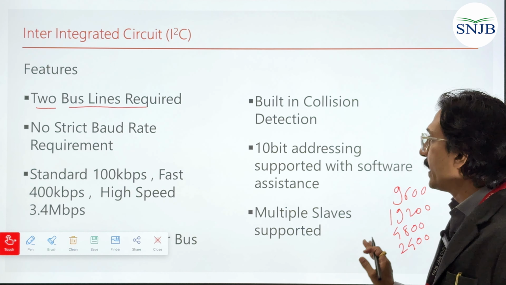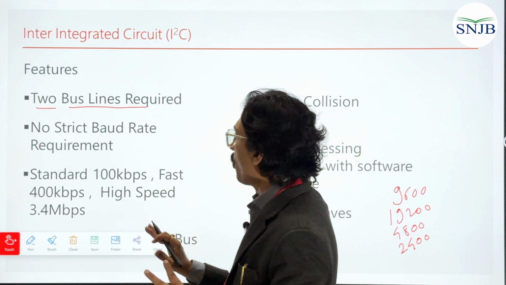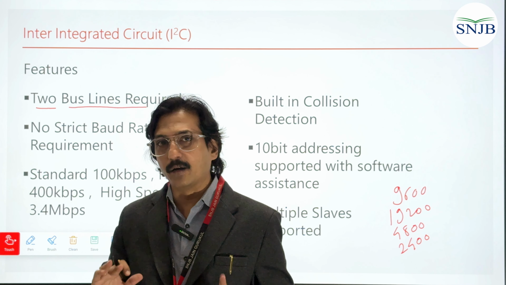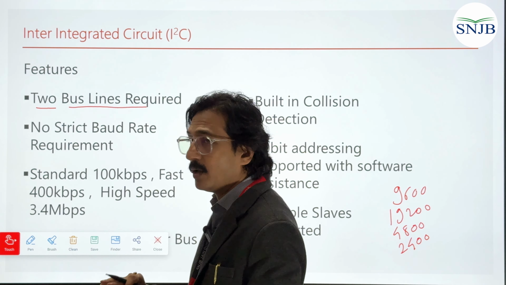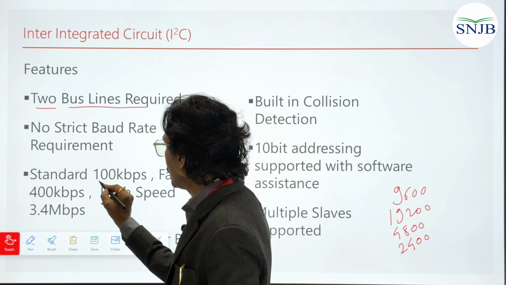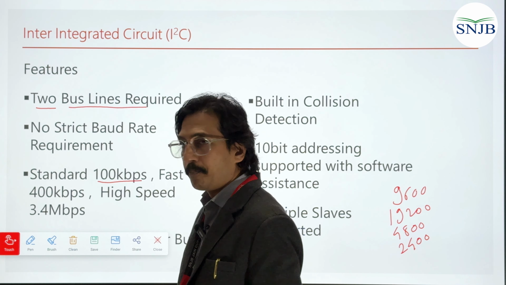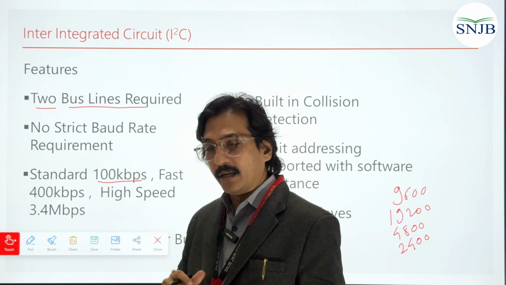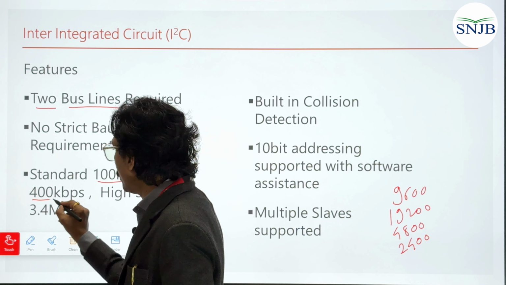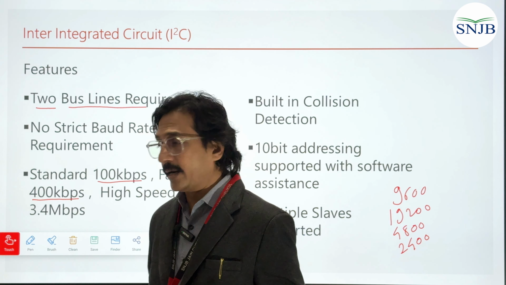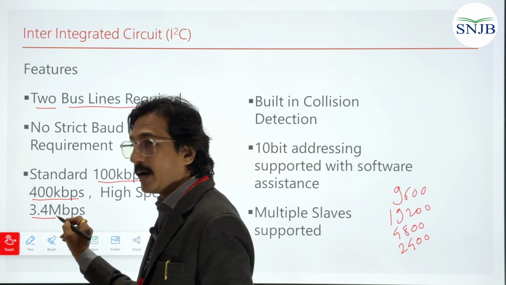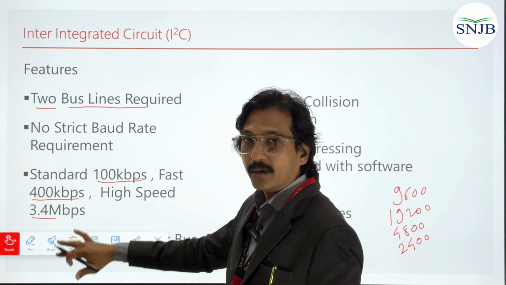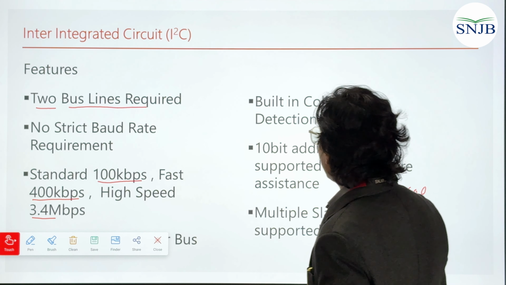These are standard baud rates, but no strict baud rate requirement is there in I2C. It has a variety of baud rates: 100 kilobits per second in the standard range, in the fast range 400 kilobits per second, in the high speed range 3.4 megabits per second. So you have to remember these three baud rate configurations.